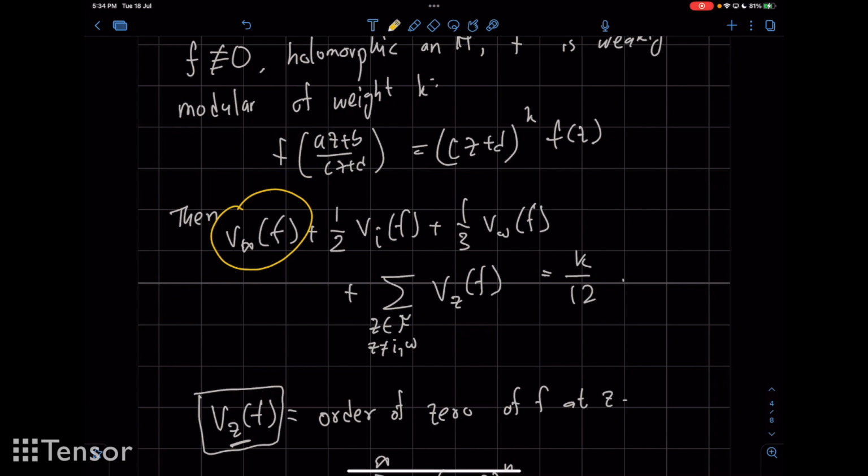So we defined how to compute order or valence at a point, right? But this is infinity. So how do we define the valence at the point of infinity?